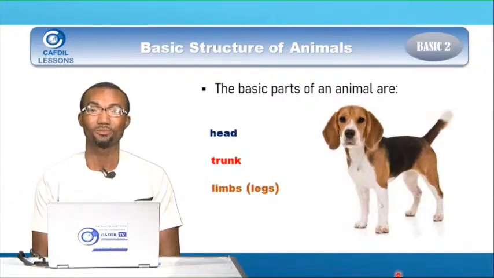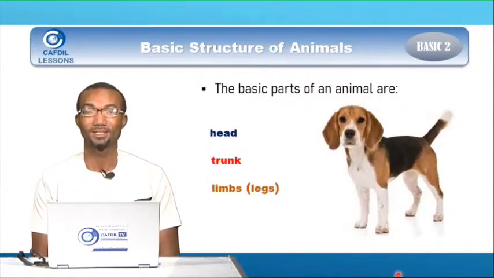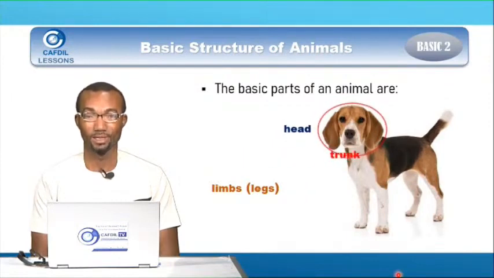Now let's look at the basic parts of this dog. What you see on your screen is a dog. So let's name the parts of the dog using these three basic parts. The first one is the head. So this is the head. The second one is the trunk.